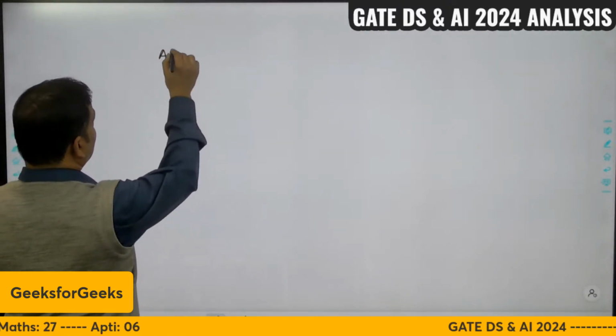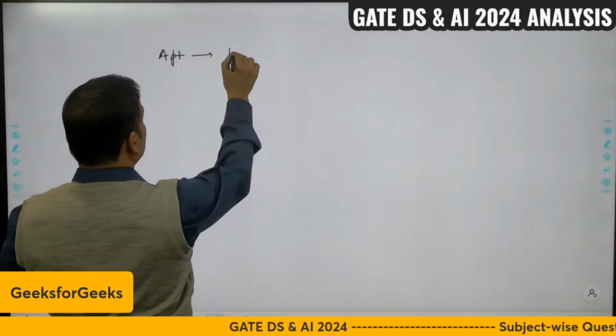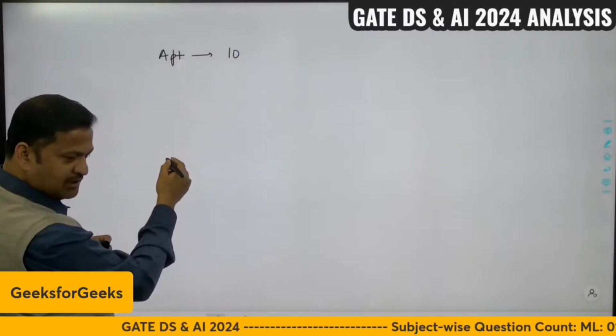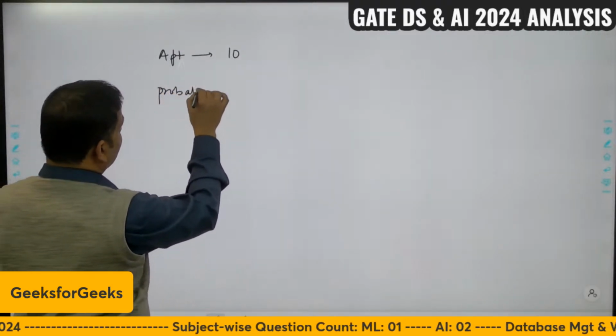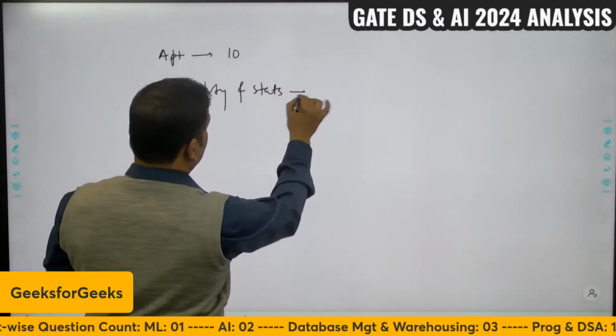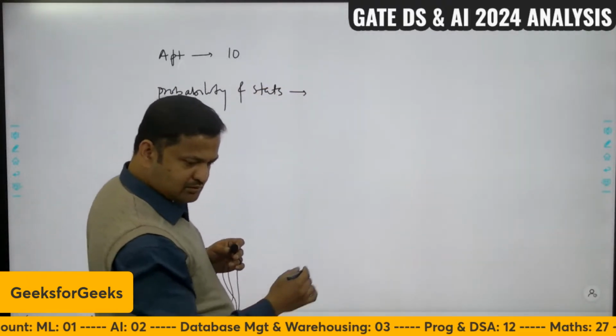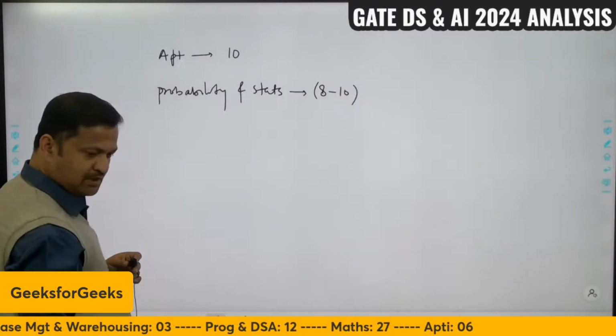We have questions from aptitude, a total of 10 questions. Then probability and stats: a total of 8 to 10 questions were there from this topic.